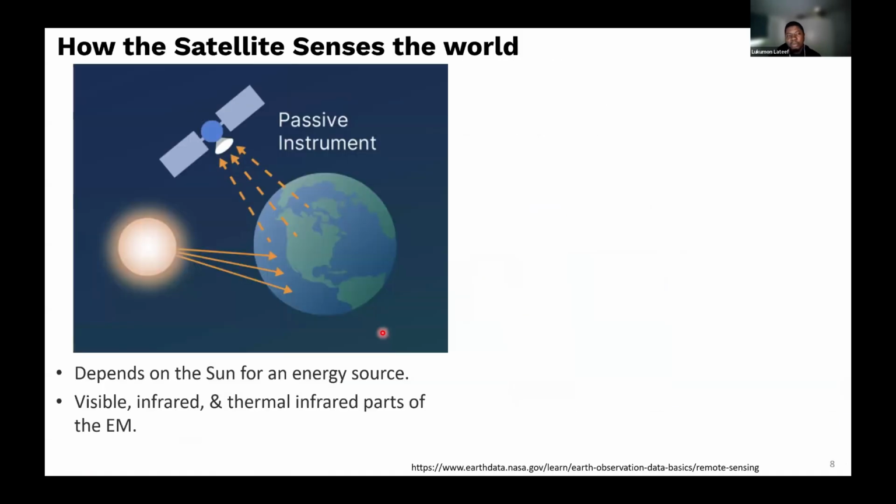I began my presentation by talking about the energy from the sun, but this is just to make it very simple for us to comprehend. So we have two different types. The first one is the passive sensing system, which I've discussed earlier. You have the sun, it sends energy to the Earth's surface.